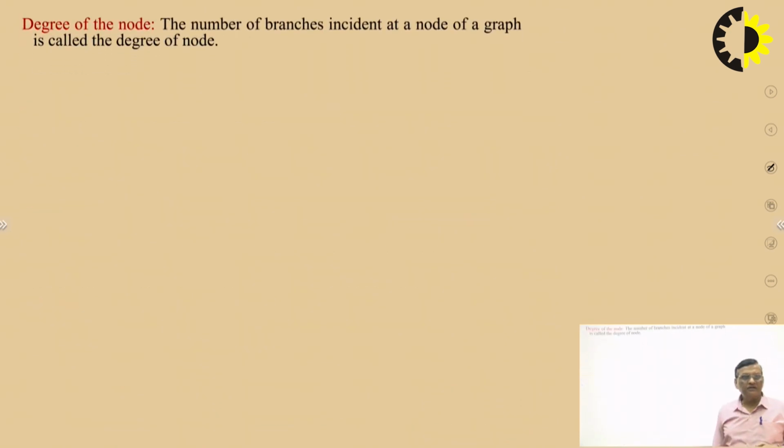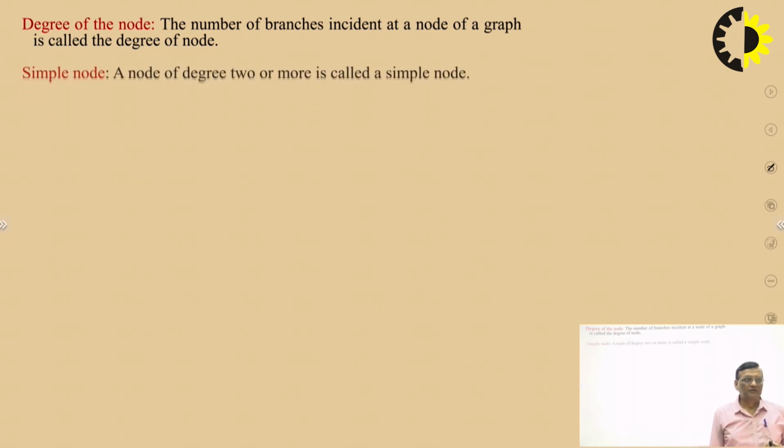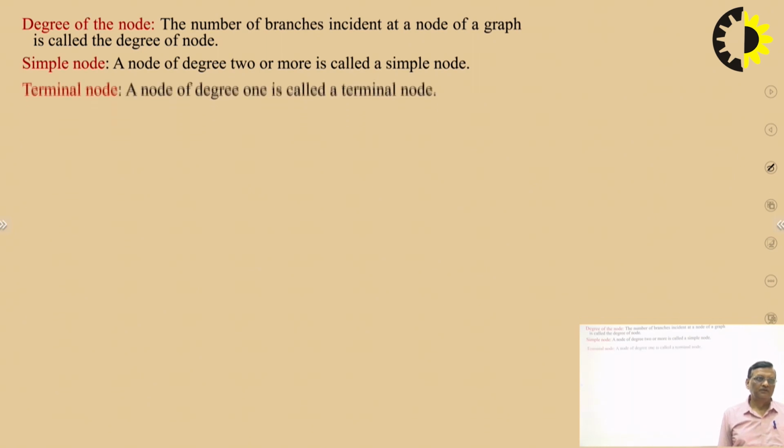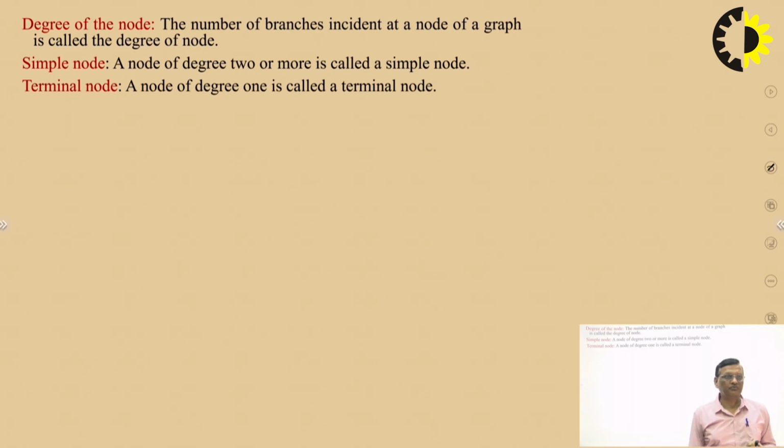Then another term is the degree of a node. The number of branches incident at a node on a graph is called the degree of the node. Then, what is a simple node? A node of degree 2 or more is called a simple node. A node of degree 1 is called a terminal node.